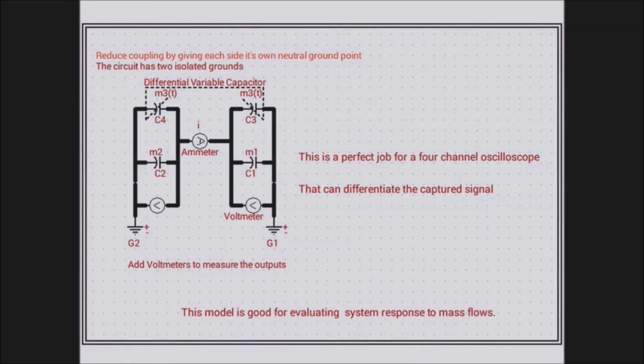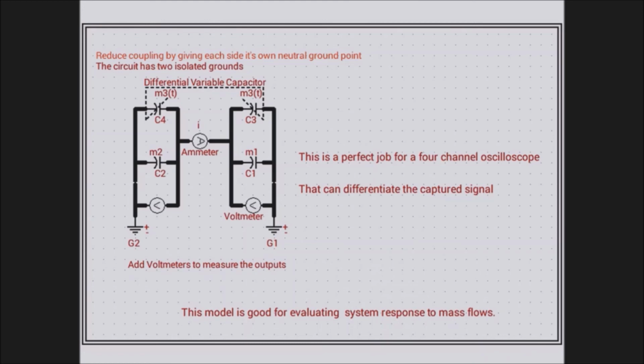We can now begin to talk about stage 2 of the implementation sequence. In this stage, we are attempting to reduce the coupling of the circuit diagram to make it fit more into the form of the mechanical system that we're modeling, which has no coupling or limited coupling.